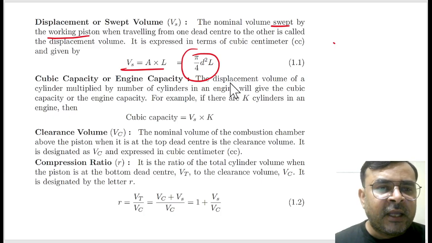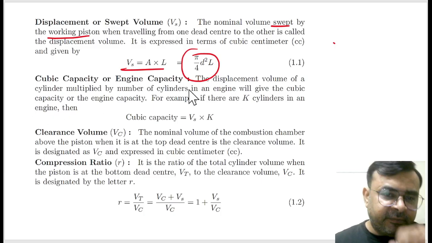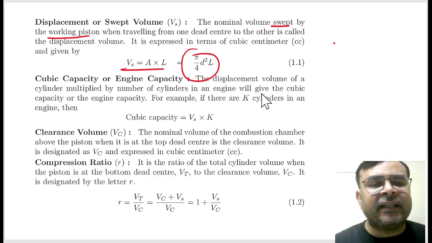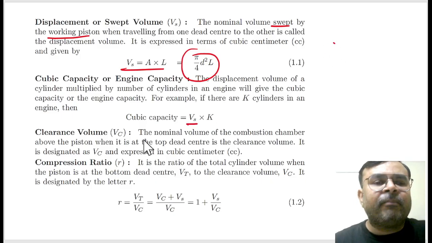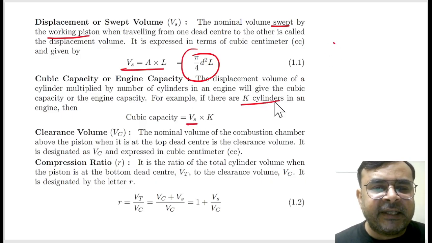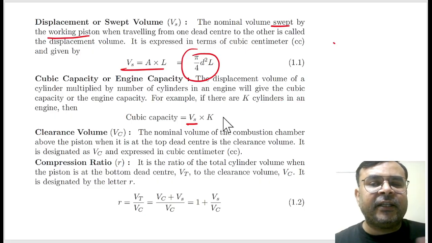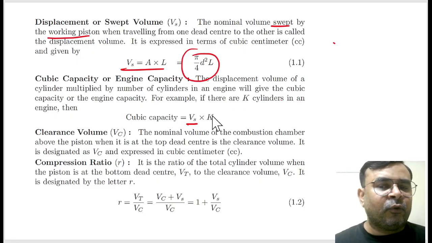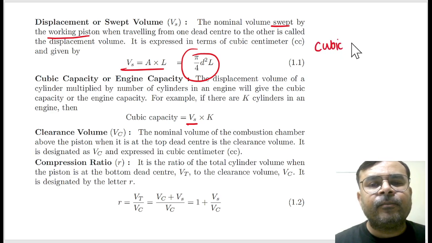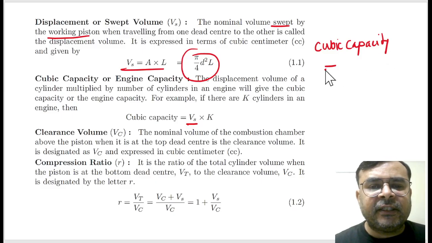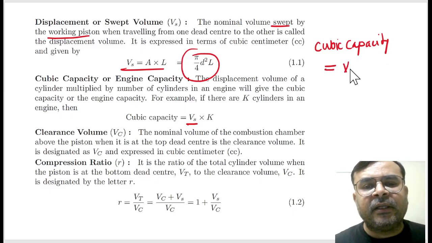And the cubic capacity of the engine: if you have a single cylinder engine, then it is simply Vs. But if you have a multi-cylinder engine, meaning k cylinders in your IC engine, like in a car where we basically use a 4-cylinder engine, then the cubic capacity of the engine is simply Vs into 4.